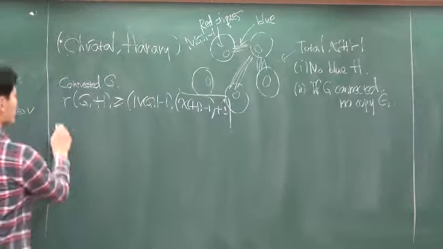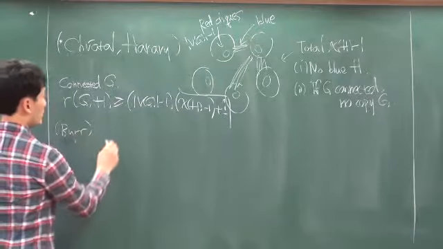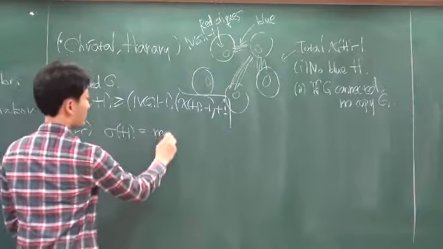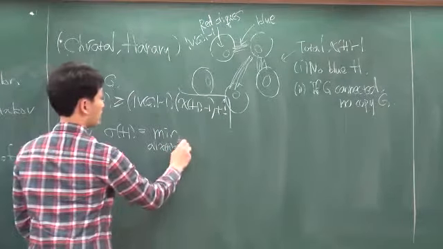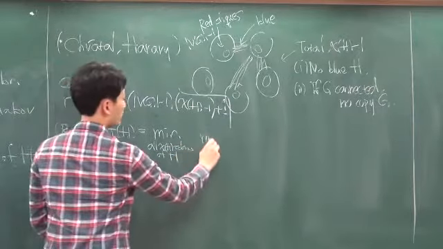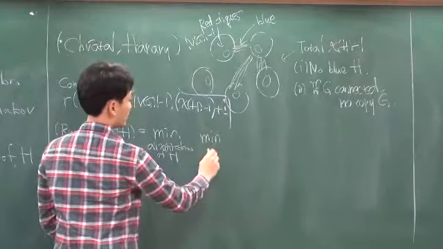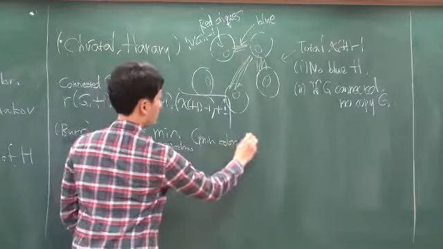And then Burr extended this bound as follows. Let sigma(H) be the minimum, over all chi(H)-colorings of H, of the size of the minimum color class.